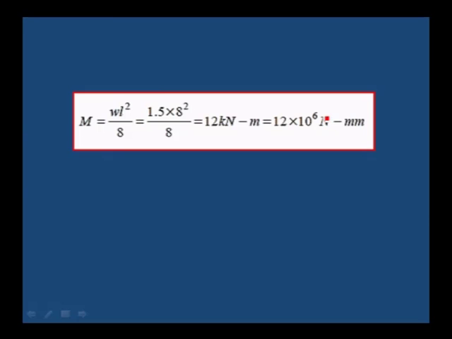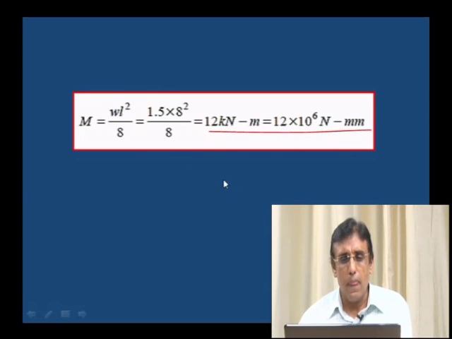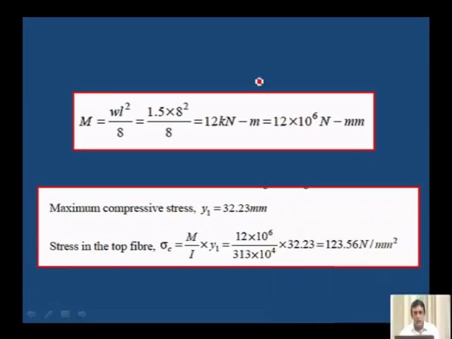Once you have the I value, find out M equals WL square by 8. W and the span are given in the problem. Now, to find the stress, M by I into y1. Which formula are we using?